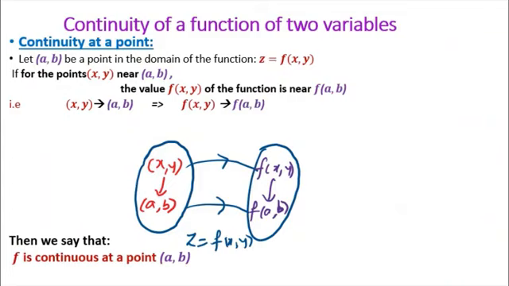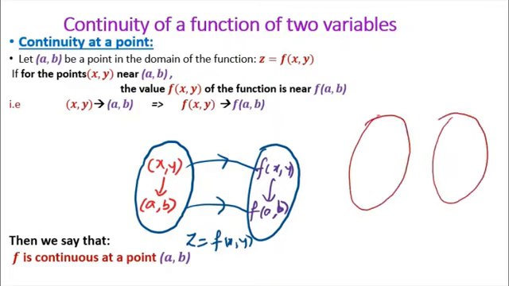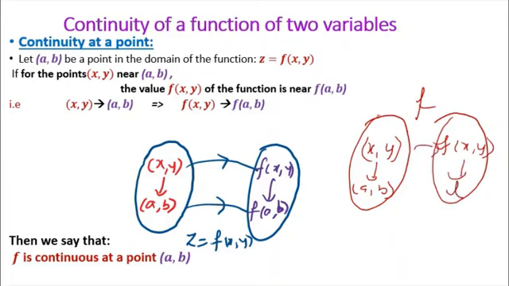After completing the definition of a limit, now let us look at its extension, that is, continuity of a function of two variables. Before starting this continuity definition, I'll recollect whatever we defined in the previous limit. In the limit we defined that if x comma y tends to a comma b, then its image f of xy, if it is tending to some limit value L, then you call limit of f of xy equal to L, right?